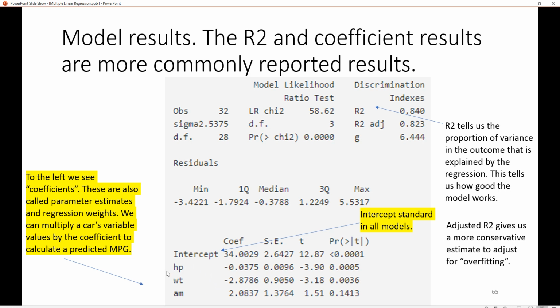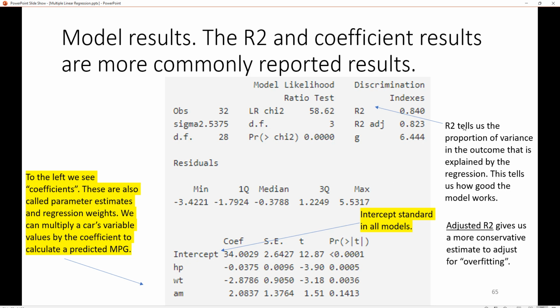We have the intercept on top, and that's standard in all models. But you can use these 4 different values to multiply the values that you have in your car, or for each row of data, and you can use this to calculate predicted miles per gallon.